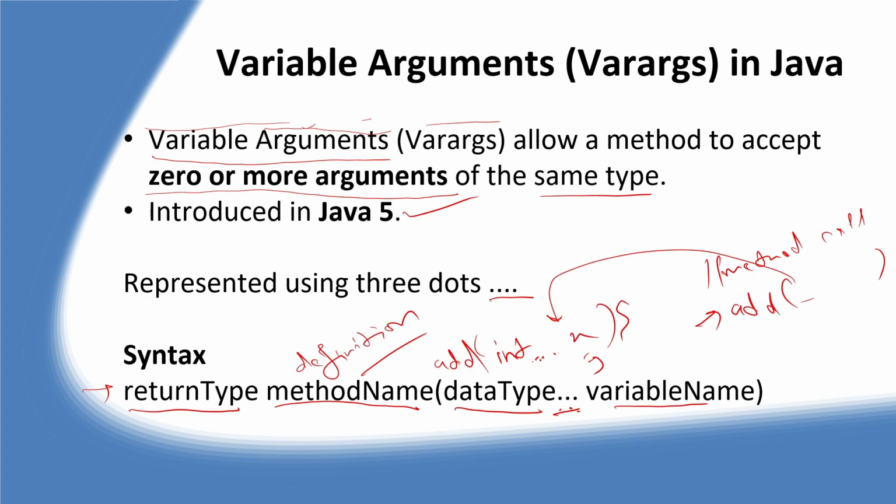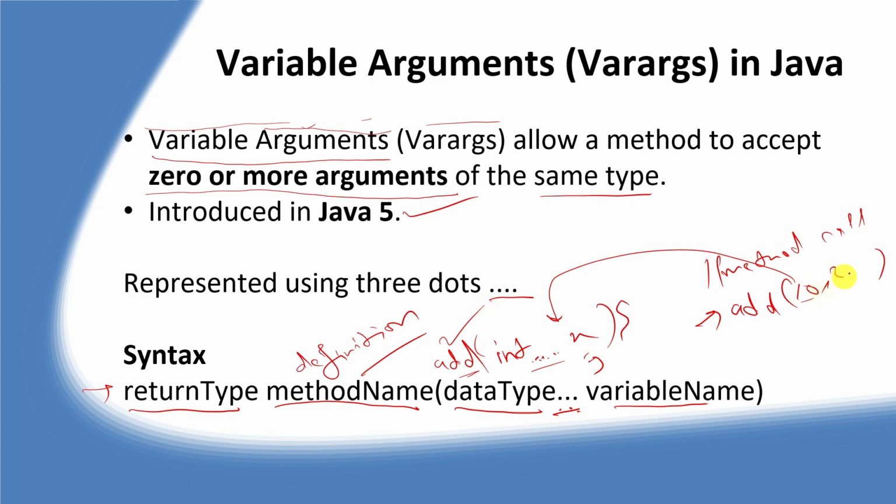But since we are using variable arguments, we can pass any number of values. It can be 1, it can be 2, it can be 3, it can be 100. Any number of values can be handled by this method. Even if we pass add 10, it will work.